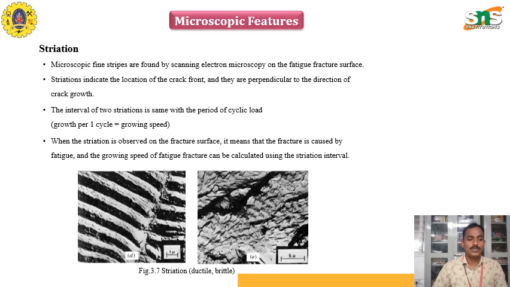The interval of two striations is the same as the period of the cyclic load, that is, one cycle per growth step. When striations are observed on the fracture surface, it means that the fracture is caused by fatigue, and the growth speed of the fatigue crack can be calculated using the striation intervals.